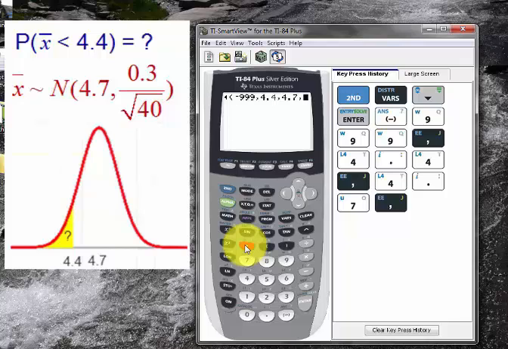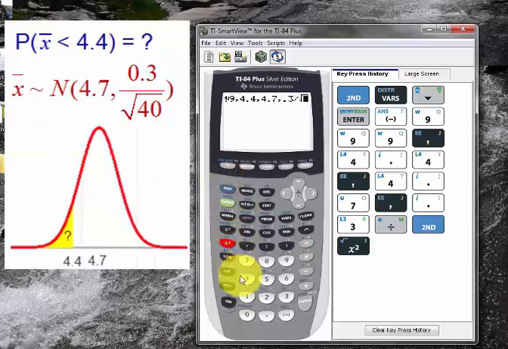I could put that directly into my calculator: 0.3 divided by second square root of 40.